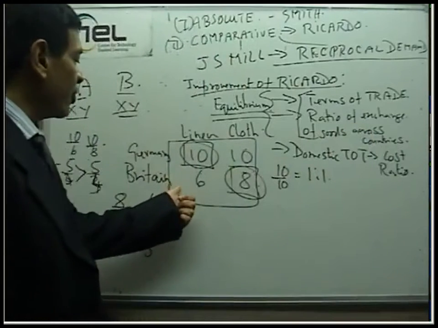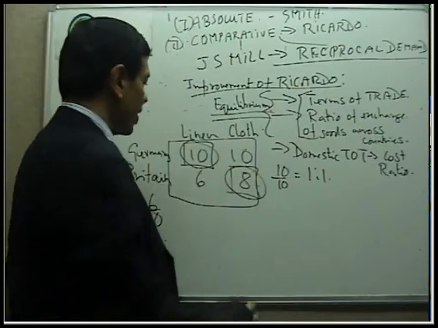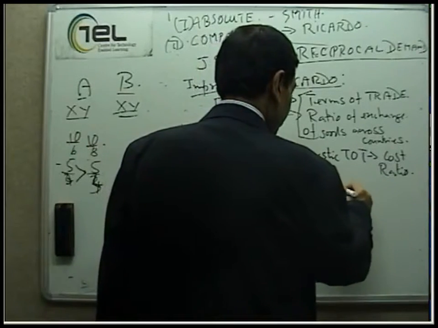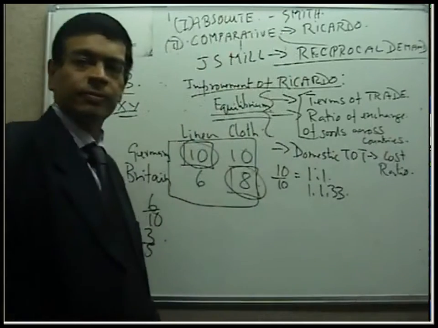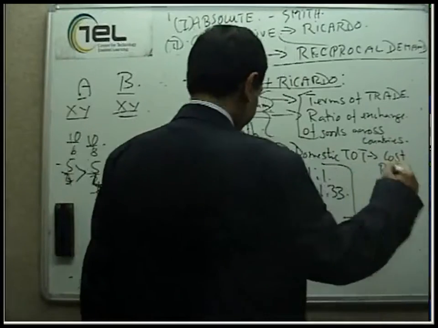Whereas in the case of Britain, it's 6:8, almost 1:1.33. So this is what I call the domestic cost ratios.